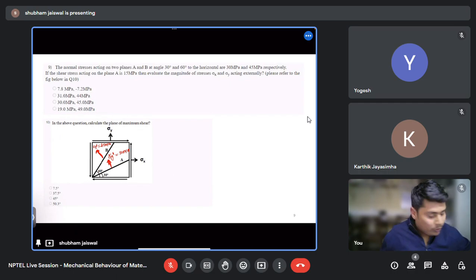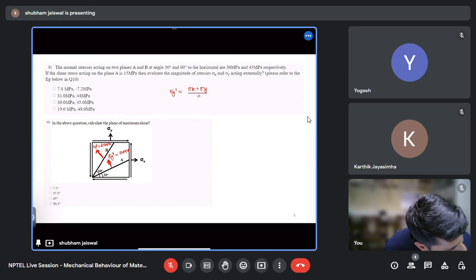So now we know sigma y prime is equal to (sigma x plus sigma y) by 2. I am considering plane A. For plane A, theta is 30 degree, so 2 theta comes out to be 60 degree.